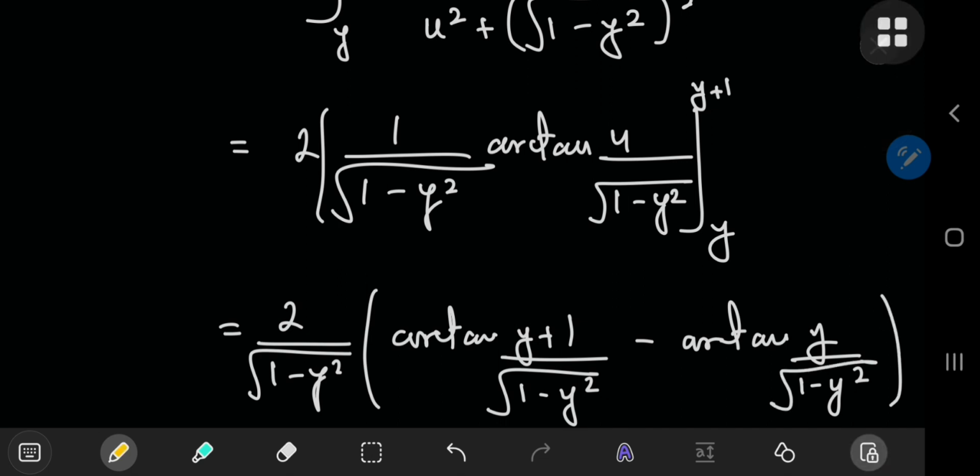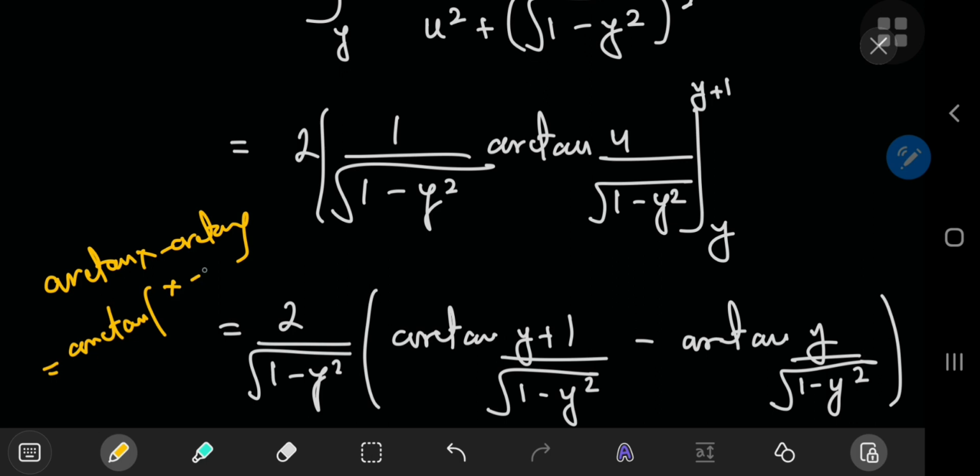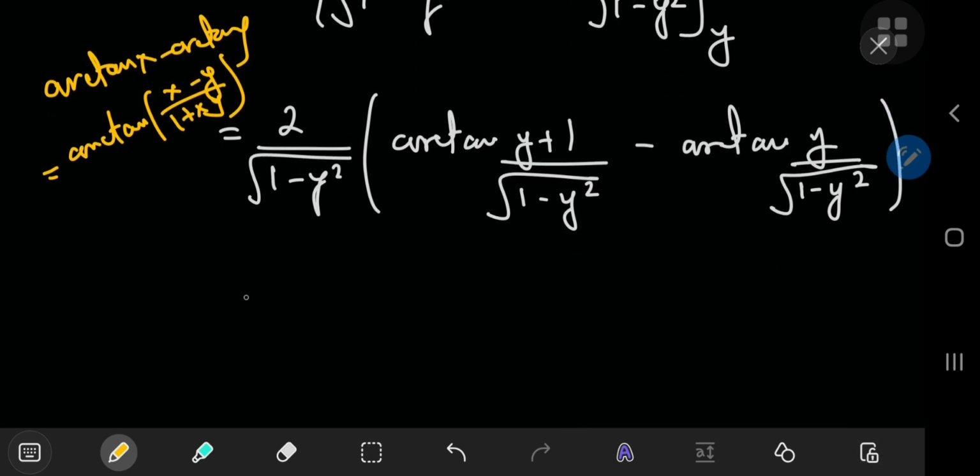And what you have can be evaluated using some basic trigonometry. And we have this relation for inverse tangent of x minus inverse tangent of y. And this equals the inverse tangent of x minus y divided by 1 plus x times y. So I'm not going to go into the algebra of it, and I'm just going to write down the result. And you can try it out for yourselves if you want.